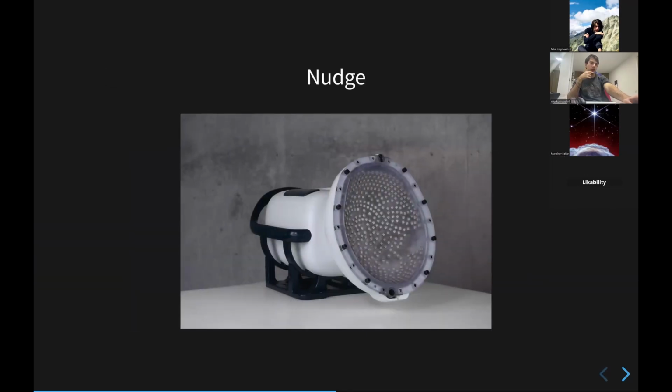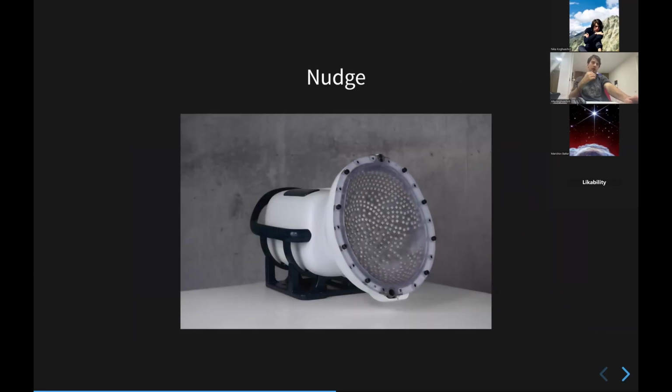So Nudge is using ultrasound to image the brain and then affect the brain to remove pains or depressions or anxieties and such, which could be dystopian in the sense that someone could control your emotions with it in theory. I mean, they're not planning anything evil with it, but yeah. Can I say something? Yeah.